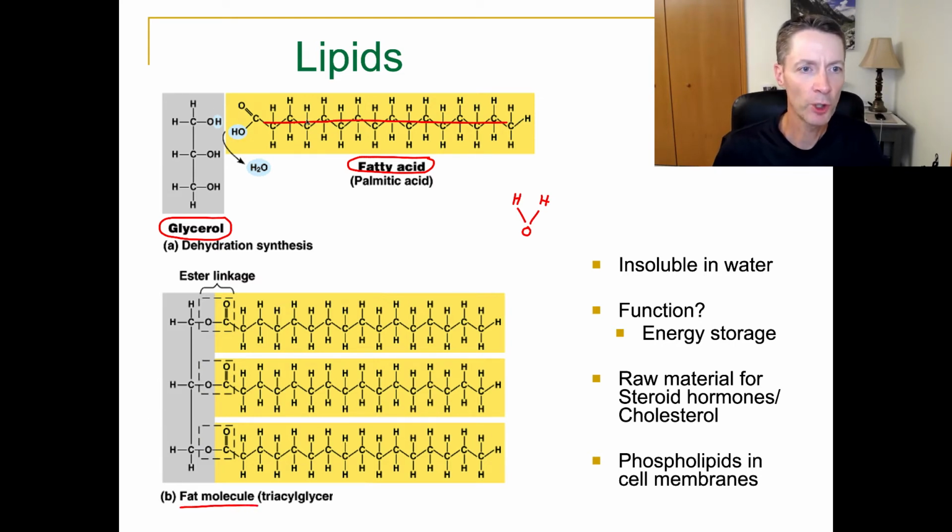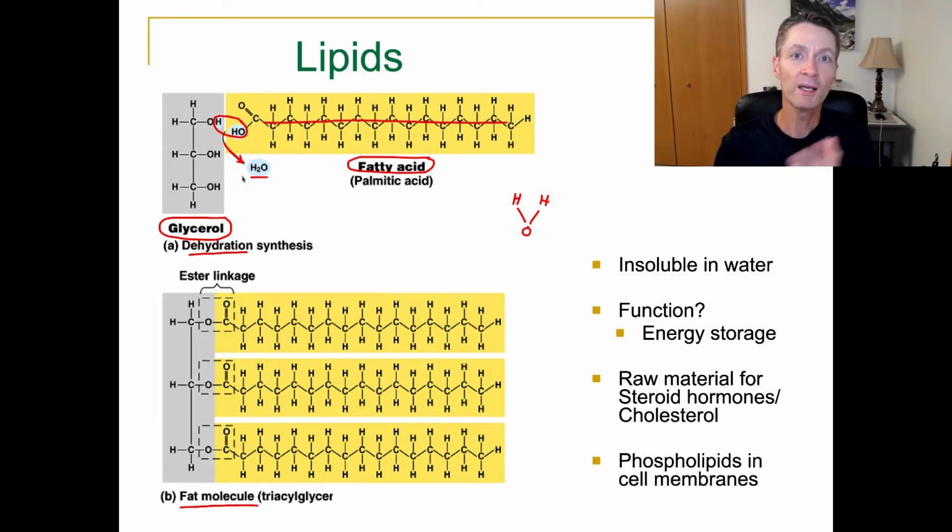All right, to make this lipid molecule down here, this fat molecule at the bottom, what they've done is show how fatty acids, in this case 3 fatty acids, formed a bond, and guess what came out of this bond? 2 hydrogens and 1 oxygen atom. Dehydration synthesis. When 2 molecules come together like this in chemistry, water is oftentimes released.